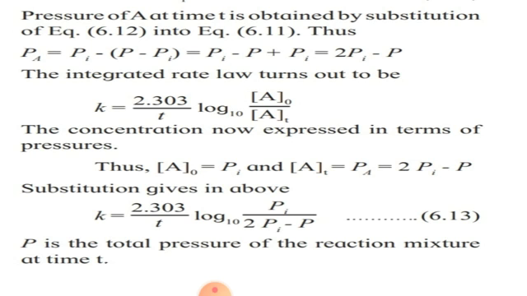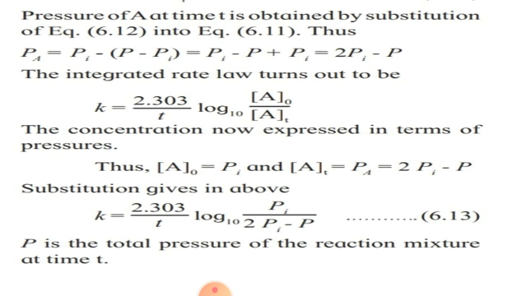And equation number 6.13, which is k is equal to 2.303 upon t log to the base 10 Pi upon 2Pi minus P, is the equation for integrated rate law for gas phase reaction.